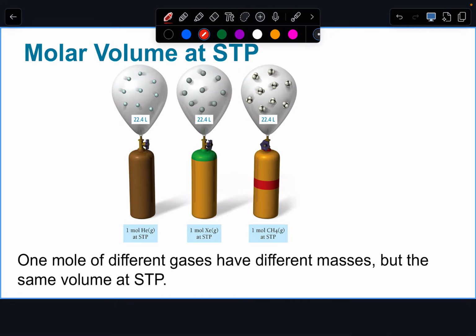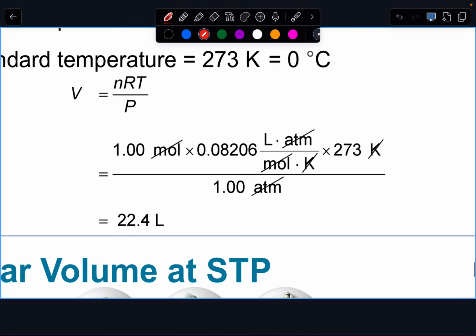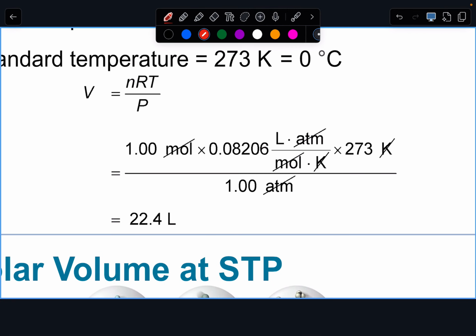The reason why it's useful for someone that's working with this frequently is when you calculate this, you get a particular number, 22.4. Here's how you would do that calculation: ideal gas law, plugging in for 1 mole, temperature at STP, pressure at STP, and you get 22.4 liters. Okay, that's kind of big.